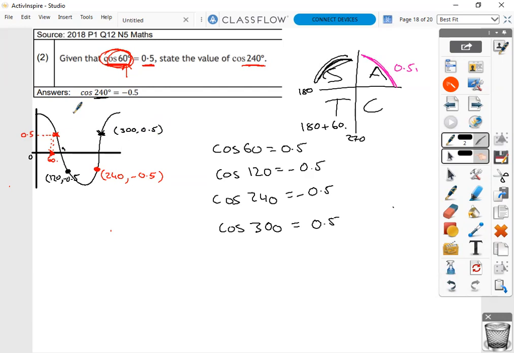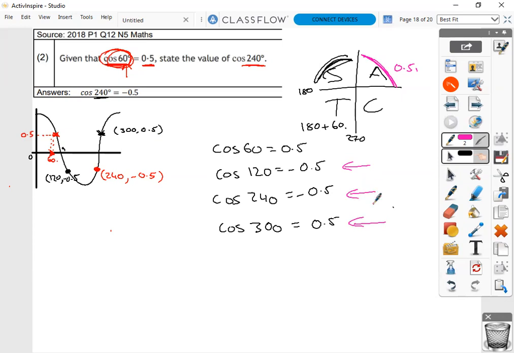So if we get given one of the answers in one of the quadrants, we can work out the answer in the other three quadrants. We could have been given this answer here and then work backwards for the other three. Or we could have been given when cos 120 equals negative 0.15, what would cos 240 be?